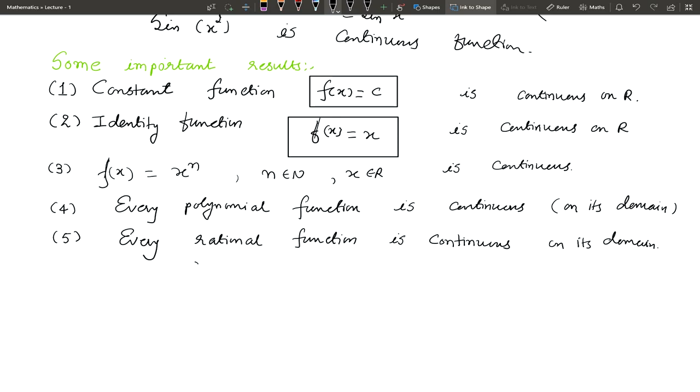So rational function means, we know, it is of the form p of x upon q of x in its domain. So the denominator should not be 0.